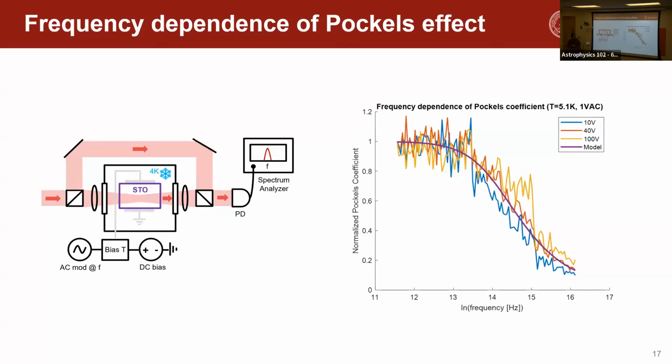So this decrease is not due to a material property itself, but just due to how we're doing the measurement and what the configuration of the device is. So in future nanophotonic devices, we expect this to be quite different.